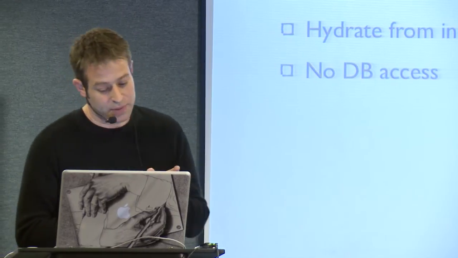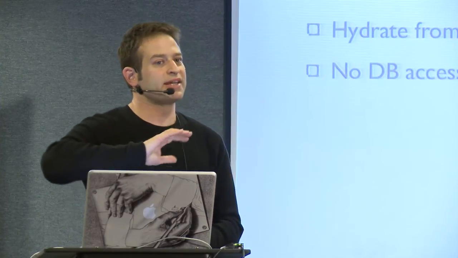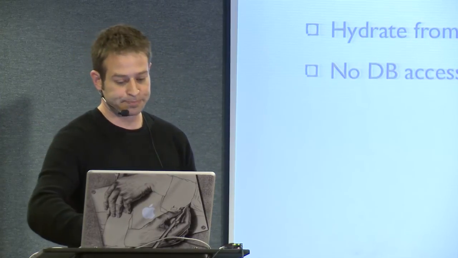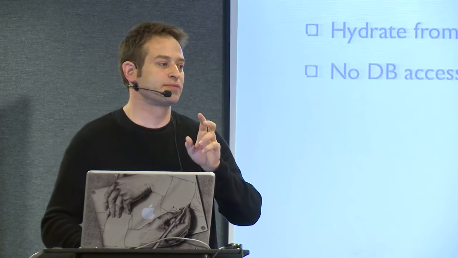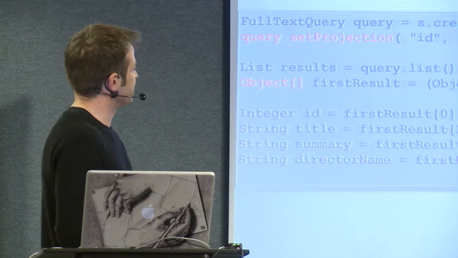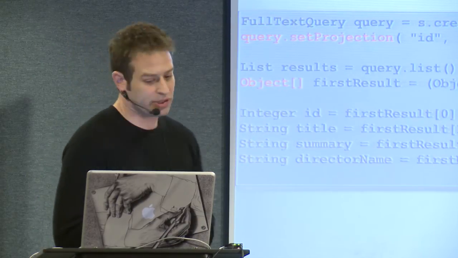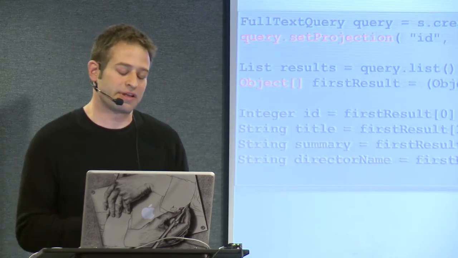Projection is a way in Hibernate Search to say, hang on, I actually don't need managed objects. I can save the round trip to the database. Just give me the values out of the index. And again, it looks like this. You create your full text query, as we've seen now many times.